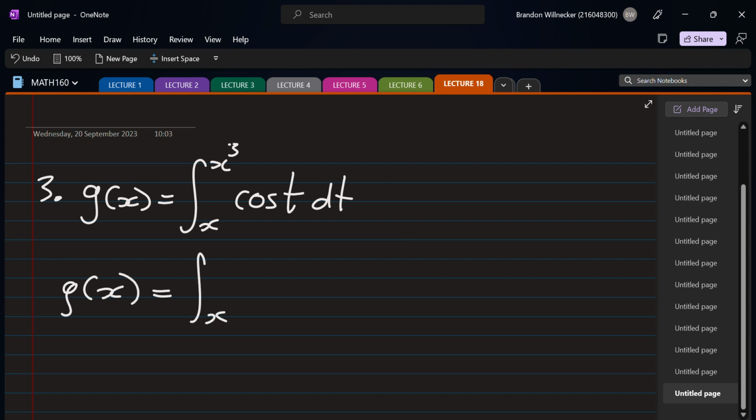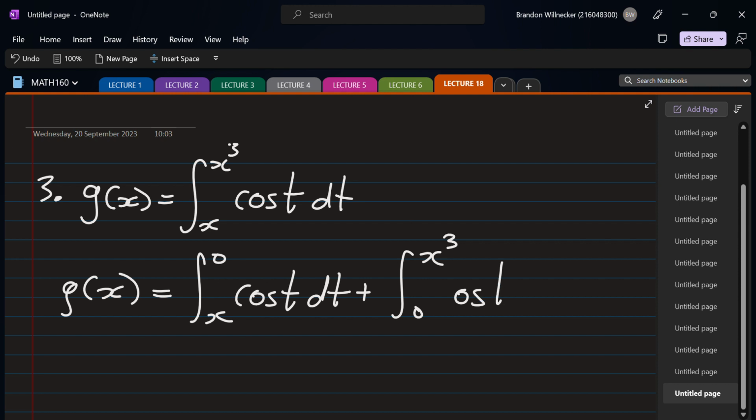We have the integral from x to 0. Again, it doesn't really matter what it is, as long as when you substitute it in, it's defined. So you can choose 0, you can choose 1, you can choose pi, anything's fine. Okay, cos of t dt plus the integral from 0 to x cubed cos of t dt.